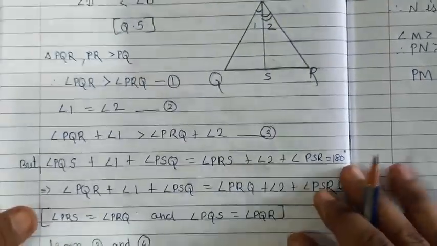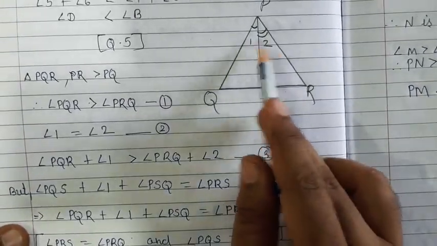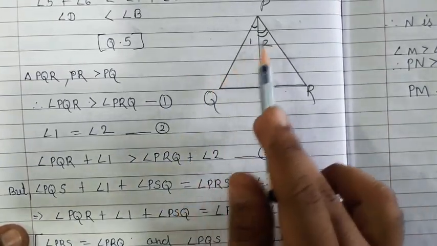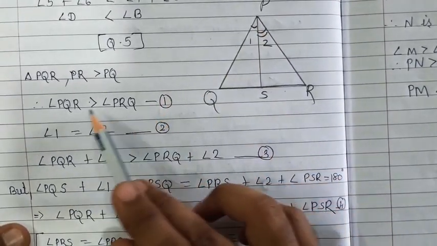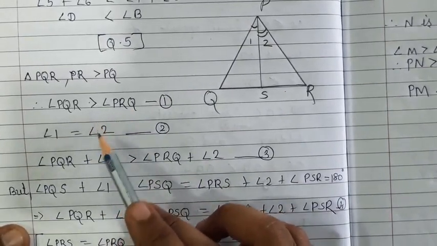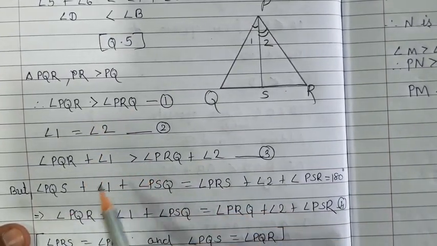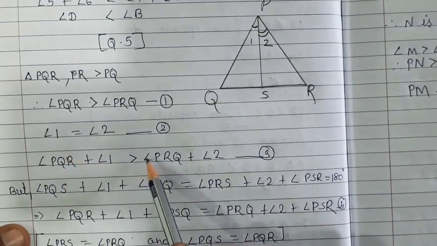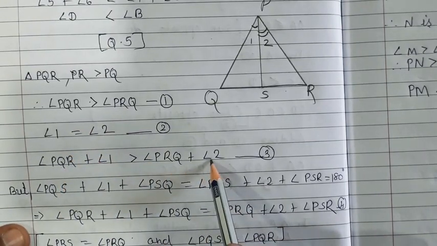First of all, I give the angles names 1 and 2. 1 and 2 are equal because it is a bisector. And angle PQR is greater than angle PRQ, that is given in the question. Now adding these two, we get PQR plus 1 is greater than PRQ plus angle 2.